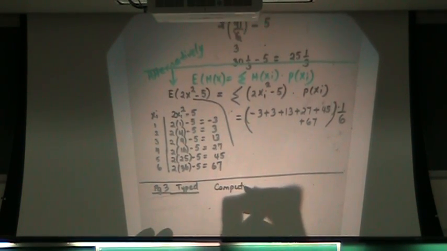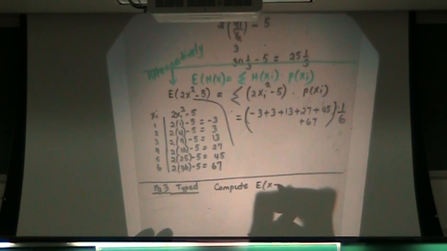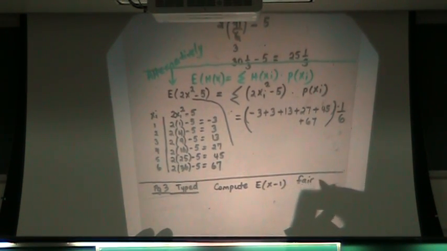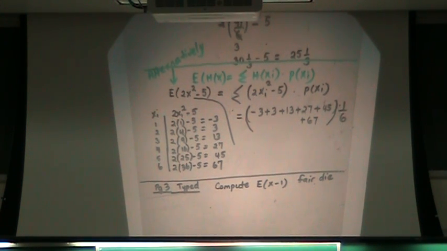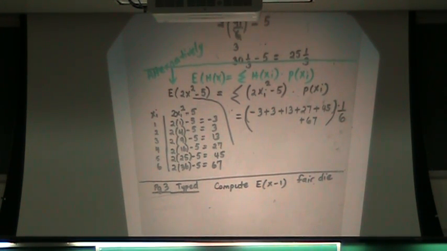What's your answer? How much? 2.5? 5 over 2 is 2.5, right? How many of you did not get 2.5?